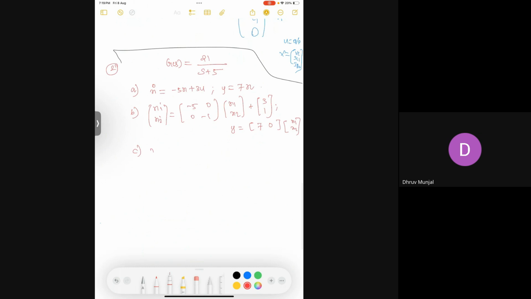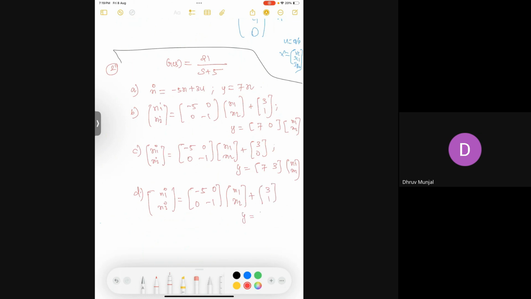C is x1 dot, x2 dot equals minus 5, 0, 0, minus 1, times x1, x2, plus 3, 0, y equals 7, 3, times x1, x2. D would be x1 dot, x2 dot equals minus 5, 0, 0, minus 1, times x1, x2 plus 3, 1, y equals 7, 3, times x1, x2.